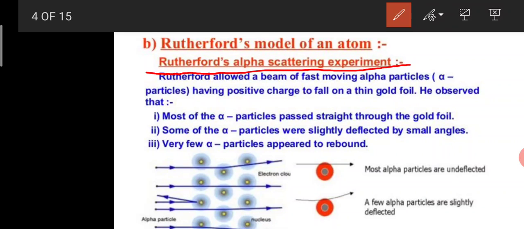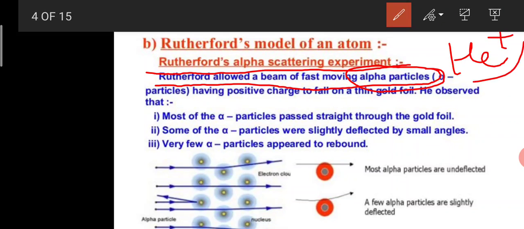Rutherford allowed a beam of fast moving alpha particles. What is an alpha particle? It is a doubly charged helium atom, with a mass of 4 u.